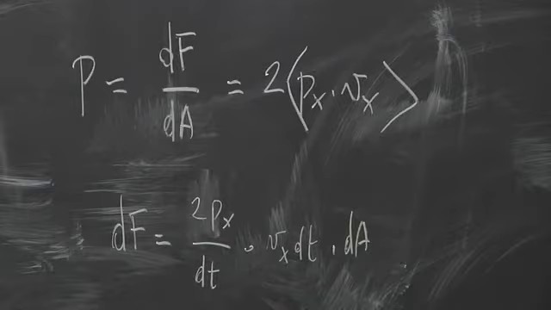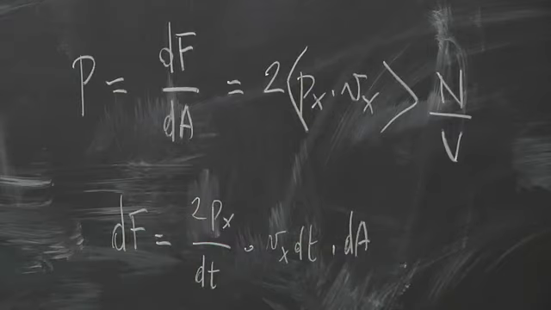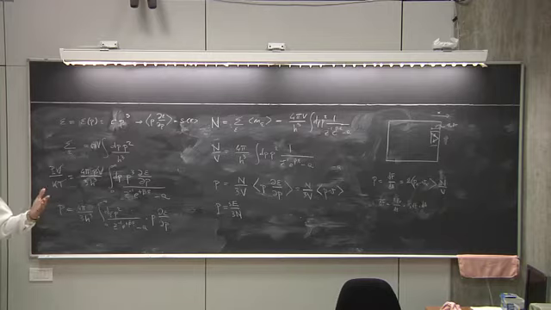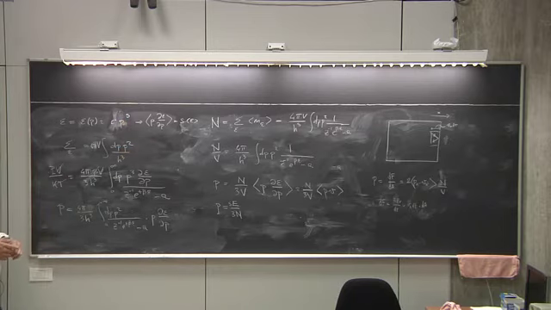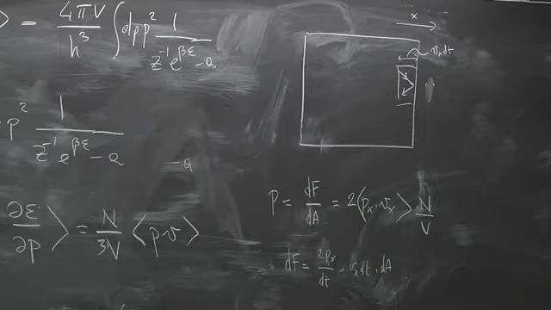This is where this 1/3 comes from. Of course, you also have the density: you have to compute the number of particles per unit volume, so you have to introduce that. If you change the dimension, then this 3 will become D, and if you change s, the 2 will become a different number.